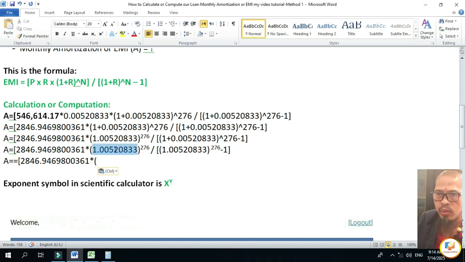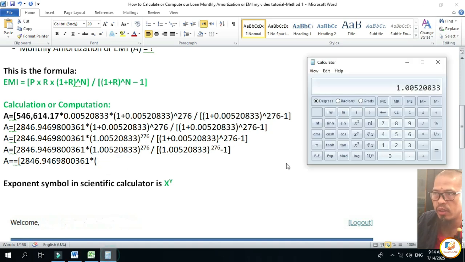So, using our calculator again, type here this one. Then after that, you can see here xy. Just press this xy, then type 276, then equals.